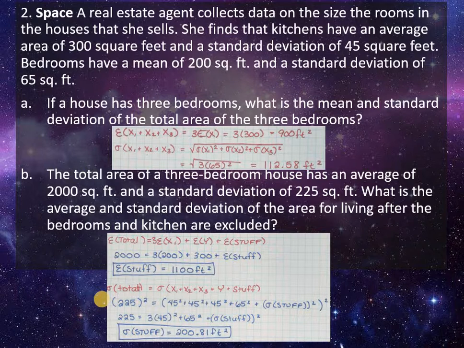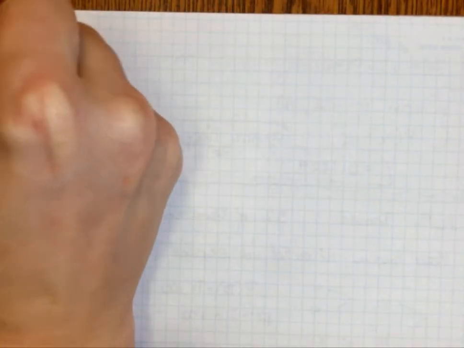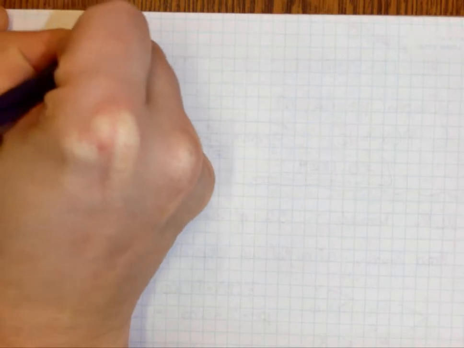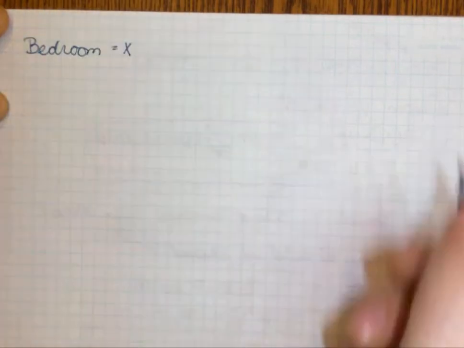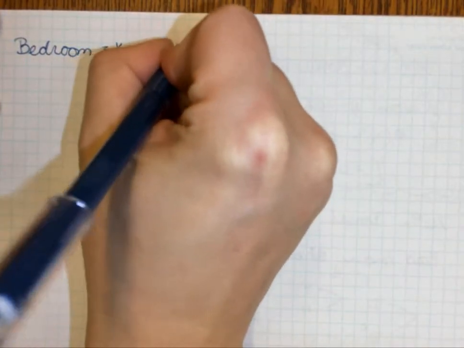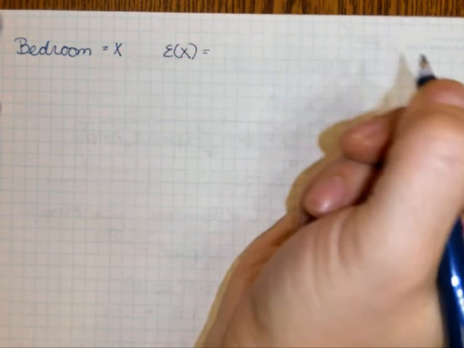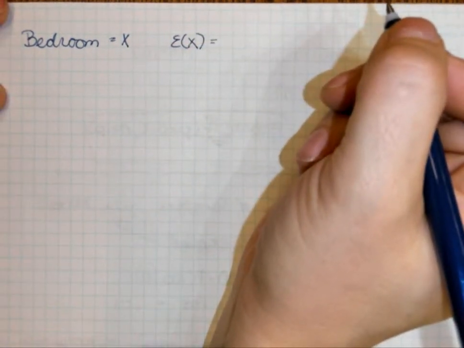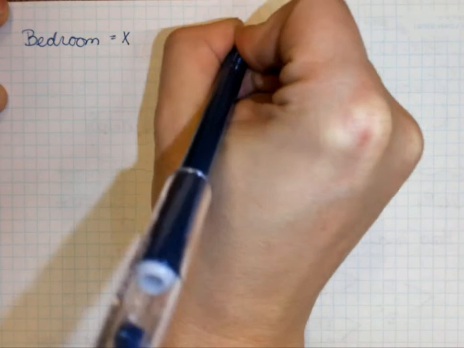And when I was writing that equation on the board, I was kind of leading you in the wrong direction. So let me write this out for you, with the actual correct numbers. For this, we're going to have the bedrooms be X, where the expected value of the bedroom, what was the expected for the bedroom, guys? 200.